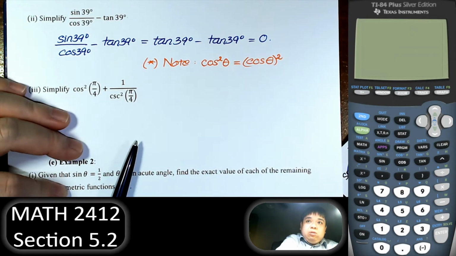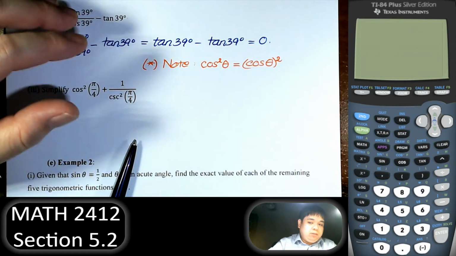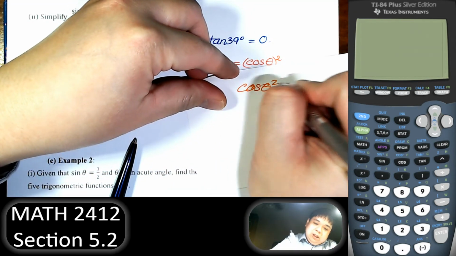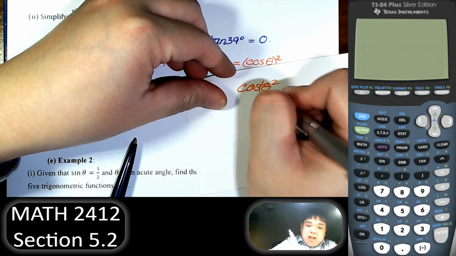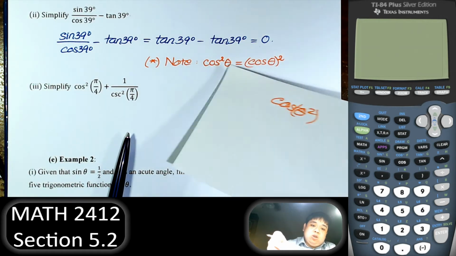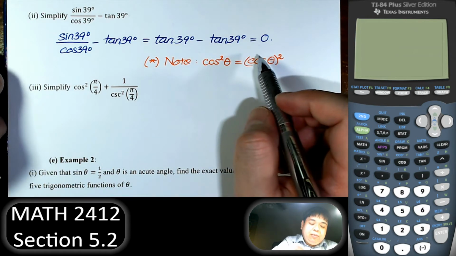We do not mean cosine of theta squared. That is completely different. In that case, we should just put the parentheses here. So the square here means the square of the trig function, when we evaluate the trig function first.